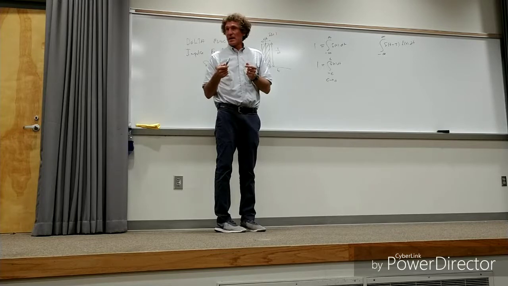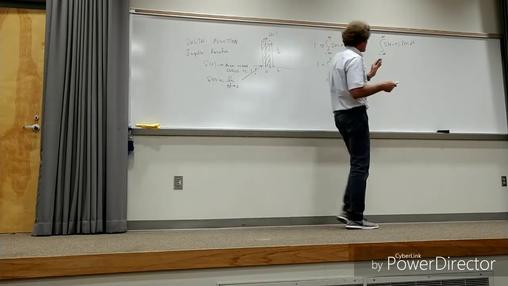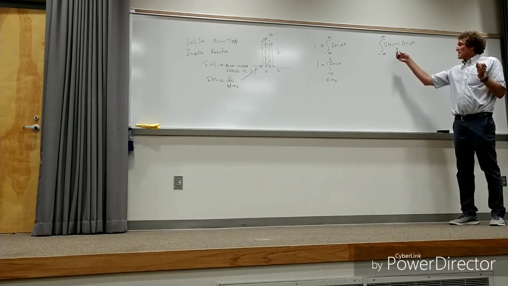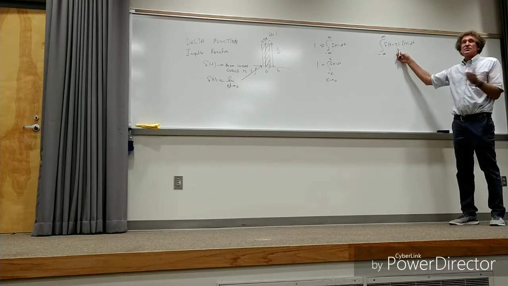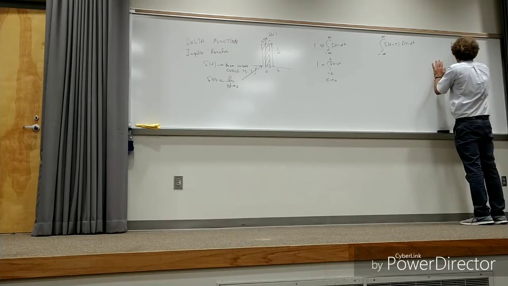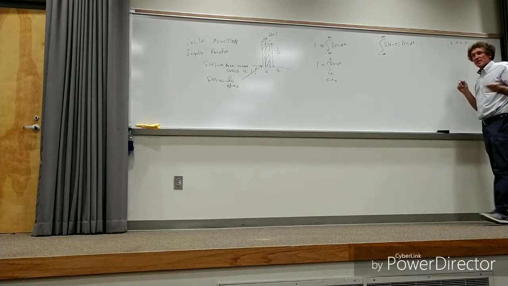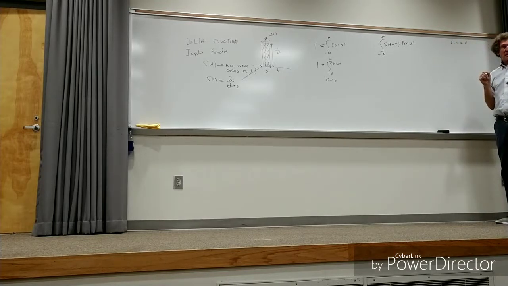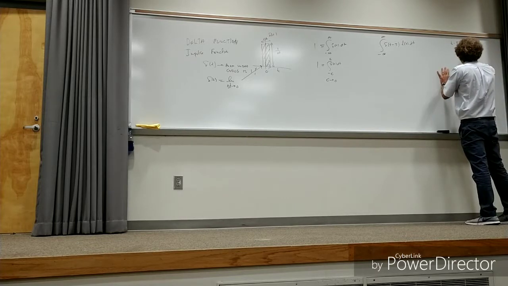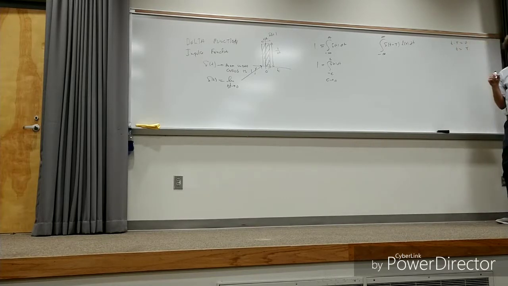Now we're going to evaluate this integration. When I look at this integration, delta of t minus tau is 0 almost everywhere except where t minus tau equals 0. Correct, class? And where is that point? Where t is equal to tau. Now, keep watching.